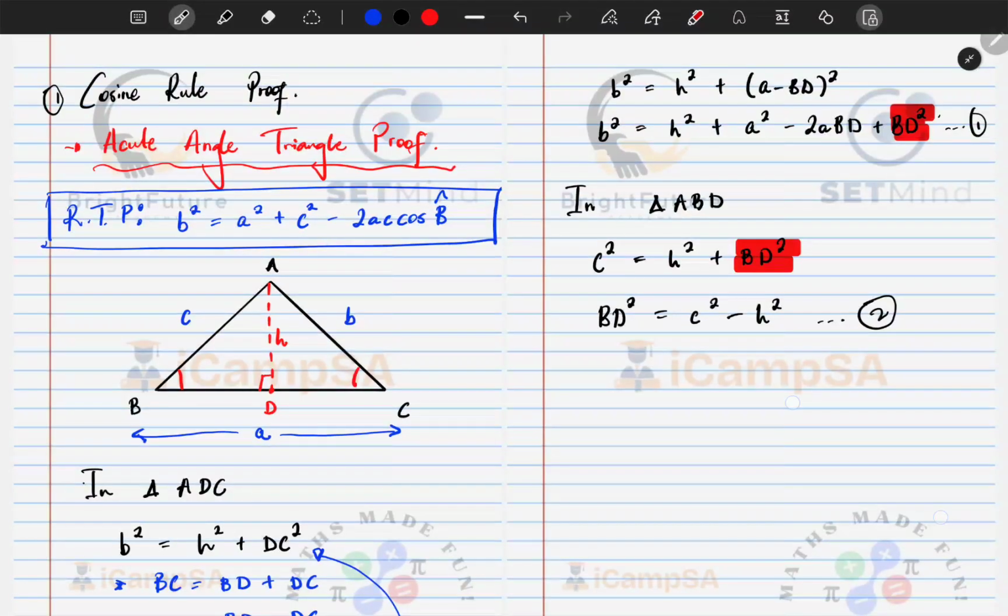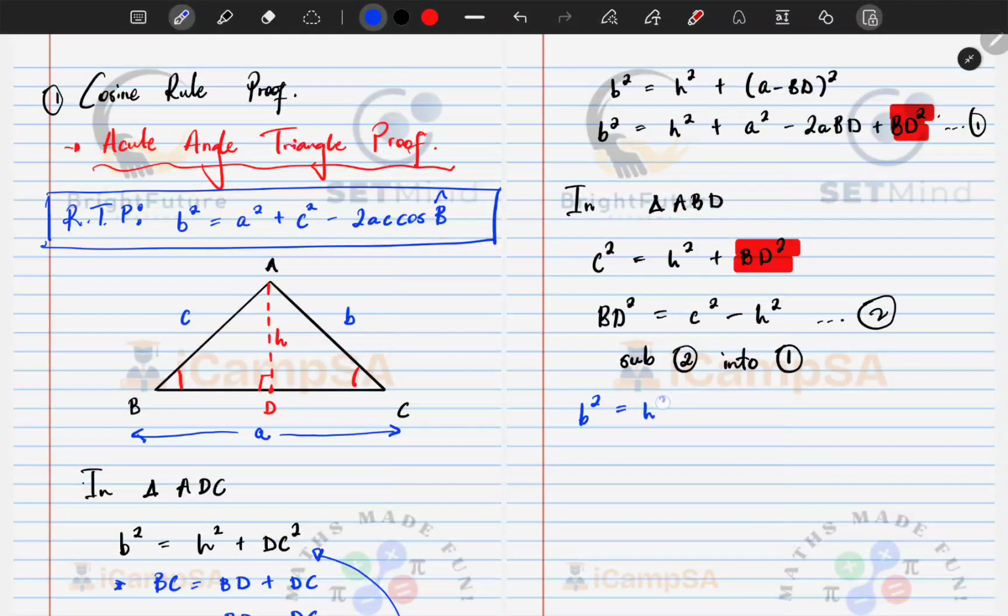Now I'm going to substitute equation 2 into equation 1, right?